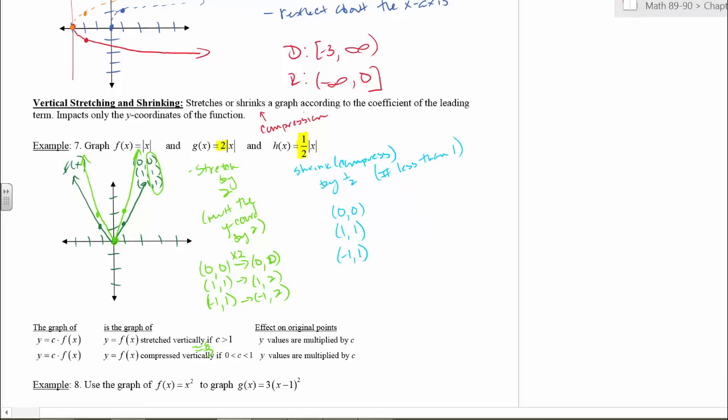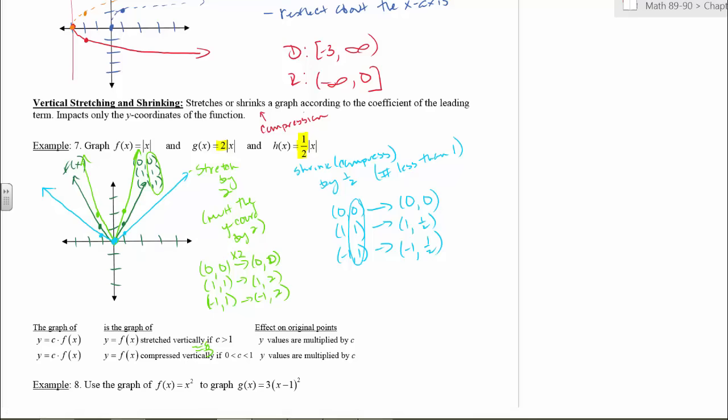These are the originals. 0, 0, when I multiply, remember these are your y-coordinates, I still end up at 0, because 0 times 1/2 is 0. But 1, 1 goes to 1, 1/2, and negative 1, 1 goes to negative 1, 1/2. So I end up with this really wide graph, or a compressed graph.